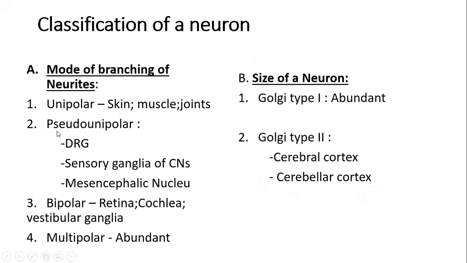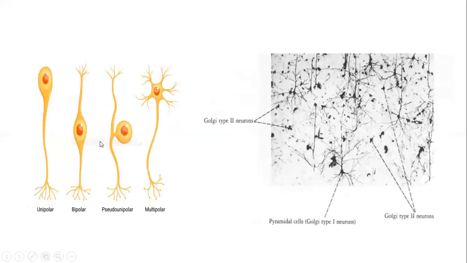Next in the classification of the neuron is pseudo-unipolar. Now pseudo means false, right? So a neuron that gives a false impression of unipolar. So what are these pseudo-unipolar? Here we have in this diagram a sketch of a pseudo-unipolar.